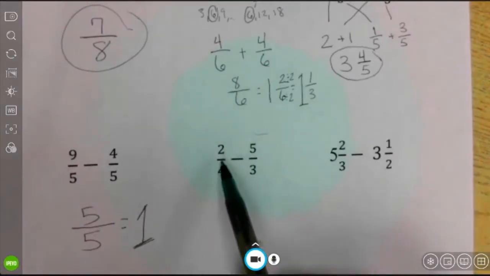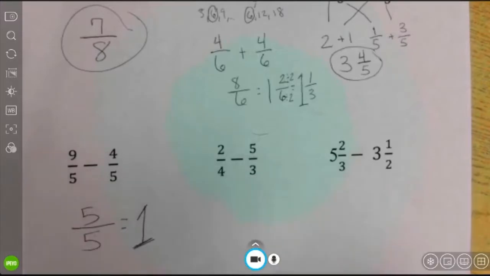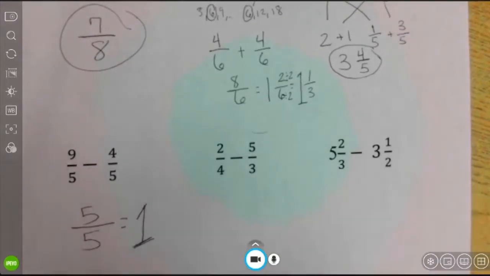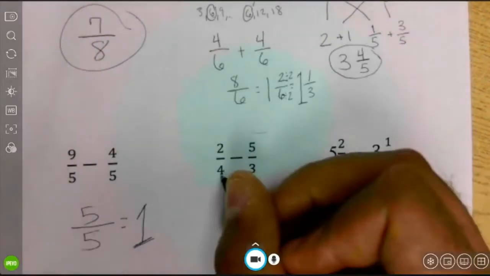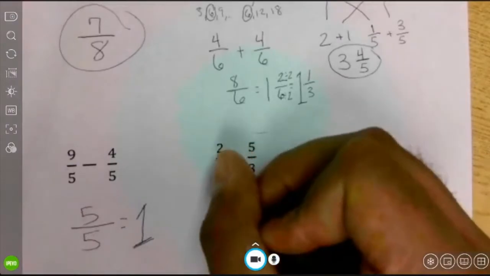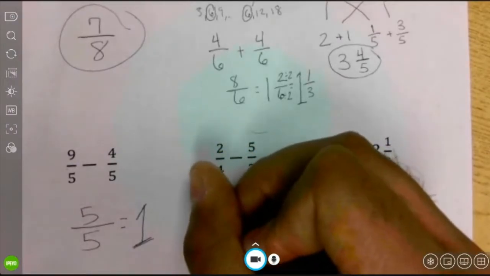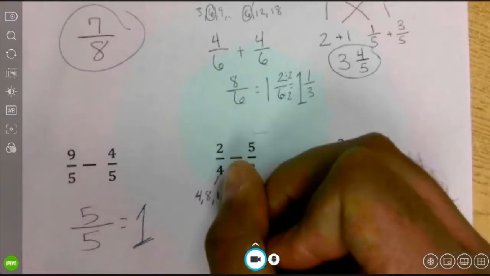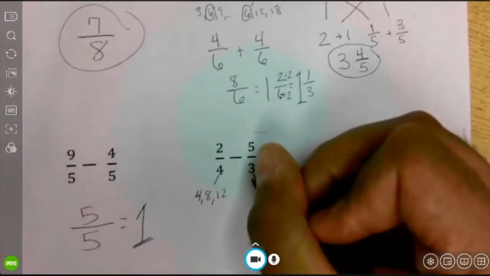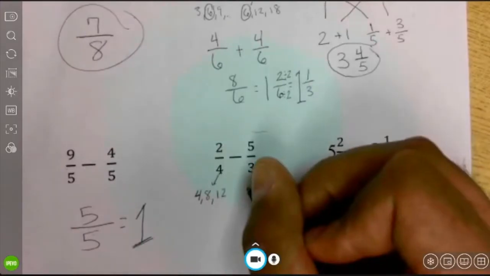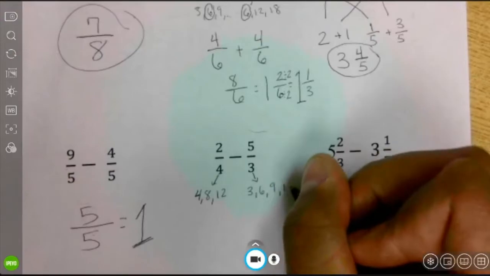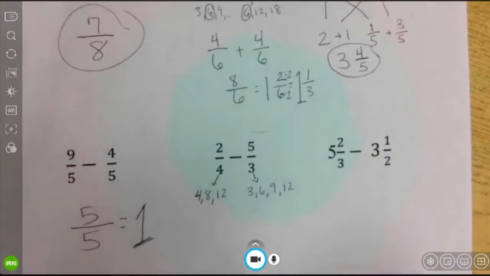Now let's look at the next problem. 2 over 4 minus 5/3. Here we have to find a common denominator, so we know that multiples of 4 are 4, 8, and 12, and multiples of 3 are 3, 6, 9, 12.